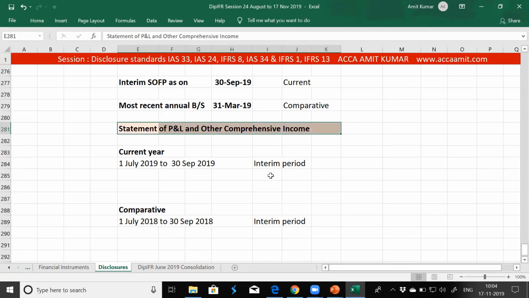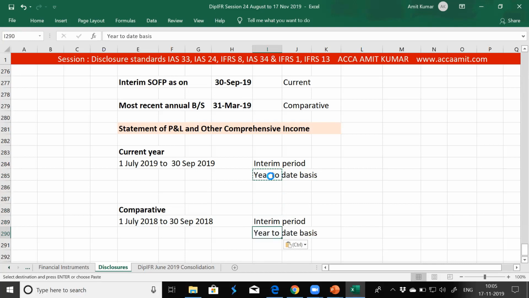So another requirement is year-to-date basis. We also need to publish year-to-date basis period as well. Year-to-date basis means our year ended on the 31st of March. So from 1st April 2019 to 30th September 2019, we also need to present this.